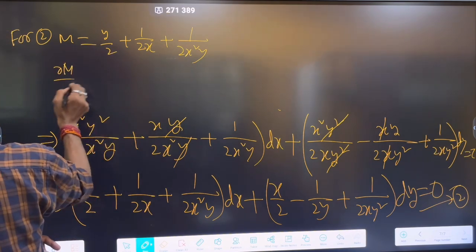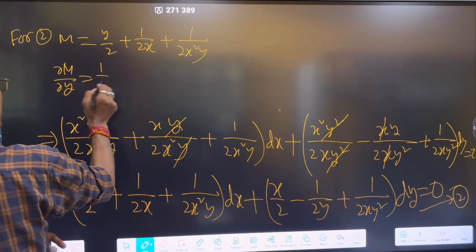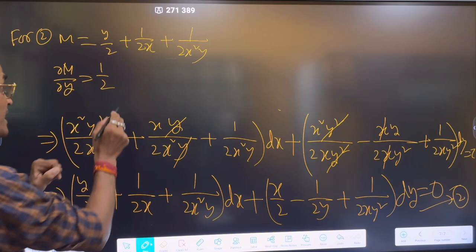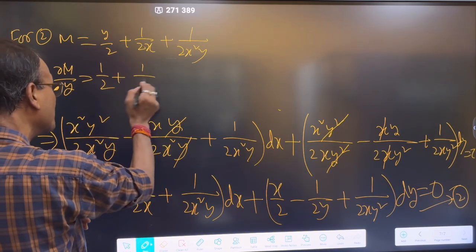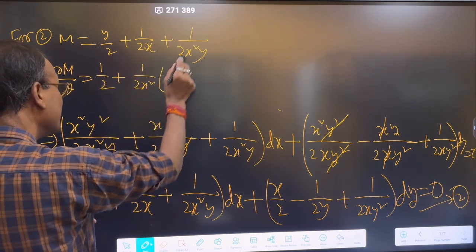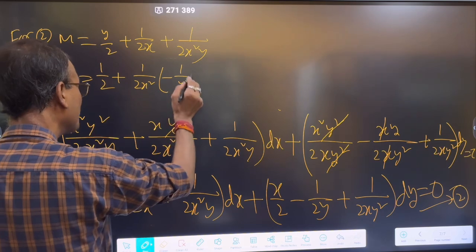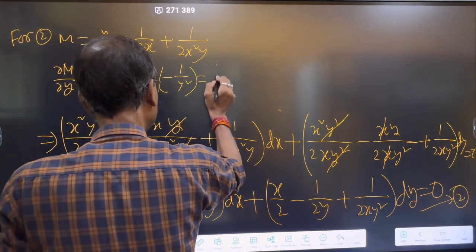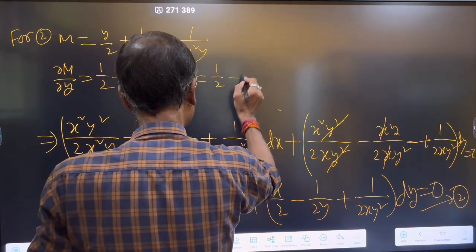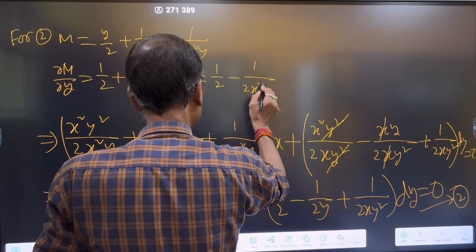Del M by del y equals 1 by 2 minus 1 by twice x square y square.